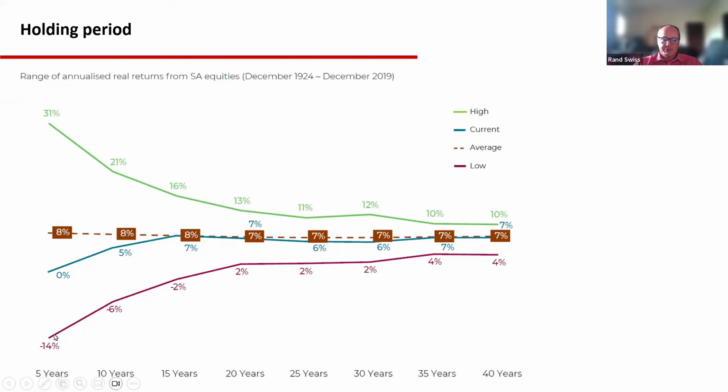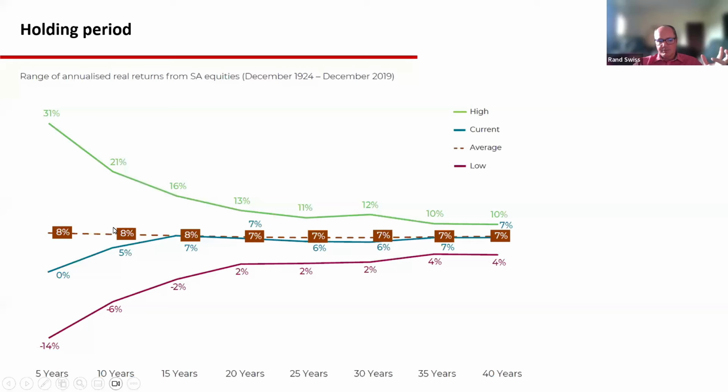So if you have a short time frame and you can't handle volatility, whether that's emotionally or just by way of lifestyle, you need this money to survive on, etc. Doesn't matter which one you are, then you cannot be fully invested in an equity portfolio from an asset allocation point of view.